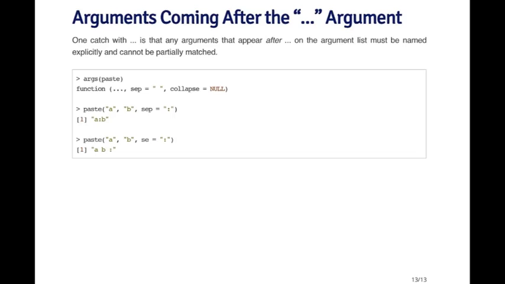So when I say paste A, B, and then se equal to colon, in another circumstance the se might be partially matched, but in the paste function it can't use partial matching, so it just ignores that and assumes that colon is just another string to be pasted together, and so then you get the string A, B, colon. So just be careful when you're using functions that have dot dot dot as an argument, that any arguments that appear after the three dots have to be named explicitly and in full.